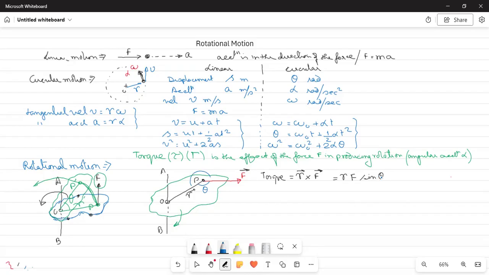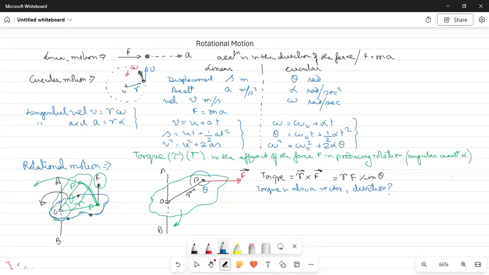I don't know whether you still remember, this torque is also a vector, and the cross product is also always a vector. Let me write the direction of this torque vector.